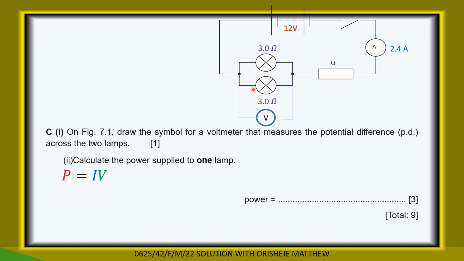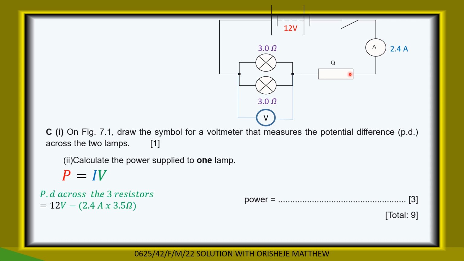And then to know the PD, since we know the resistance of resistor Q is 3.5 ohm and we know the current flowing through it, we can find the PD across resistor Q. The PD across resistor Q is 3.5 ohm multiplied by 2.4 ampere, the current.